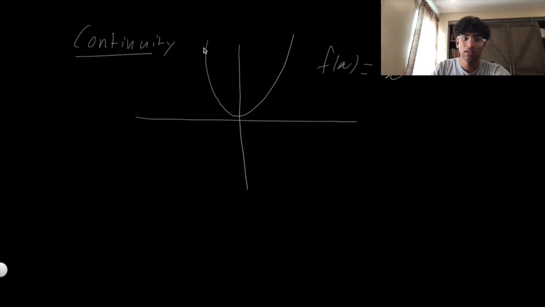You see here that for all x values, there's an output value. Therefore, it can be said that the graph is continuous for all input values, okay? Now, an example of a discontinuity would be something like this.